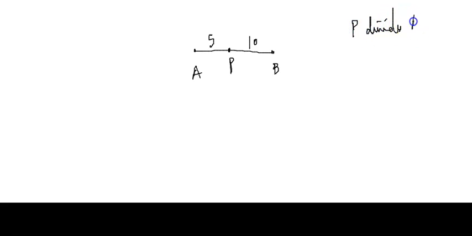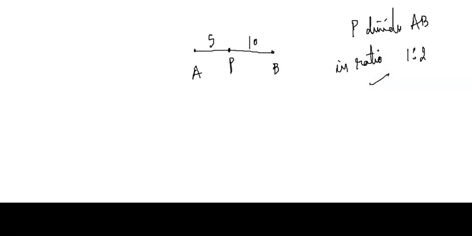Suppose this is AB and this is point P, such that AP is 5 and BP is 10. Then we can say that P divides AB in ratio 1:2, and this is internal division.